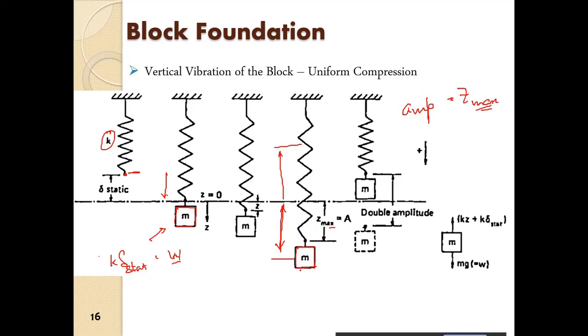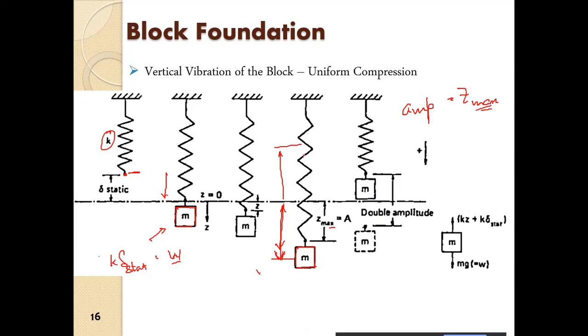Now we are not concerned with how much force he applied during the pulling and what time it took. That part we are just neglecting for now. Alright, so we are just concentrating on as soon as the person releases the mass.